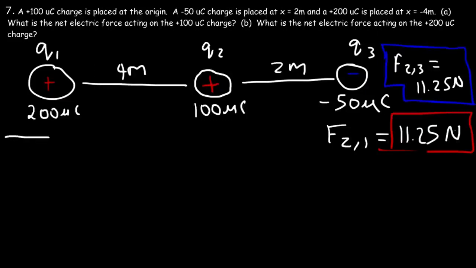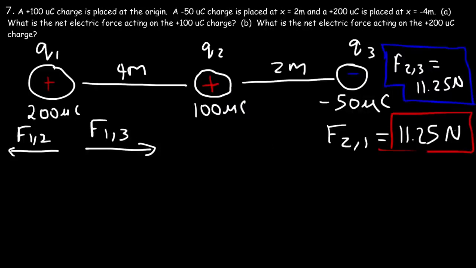So we can call that F1,2. That's the force exerted on charge 1 by charge 2. Now Q1 is attracted to Q3 because opposites attract. So we have another force, which we'll call F1,3. That's the force exerted on charge 1 as a result of charge 3.